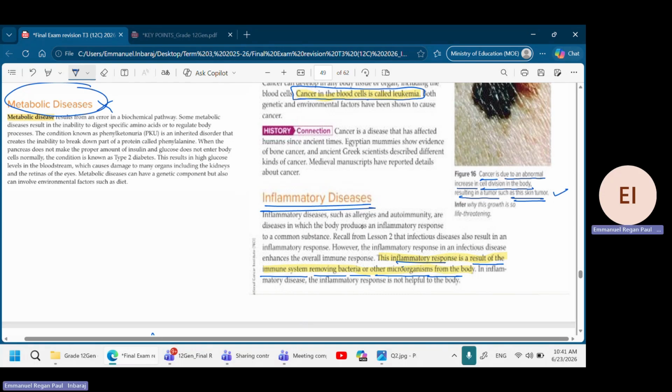Now, what are inflammatory diseases? Inflammatory diseases are allergies and autoimmunity, where the body produces an inflammatory response. What is an inflammatory response? It is a result of the immune system removing bacteria or microorganisms.